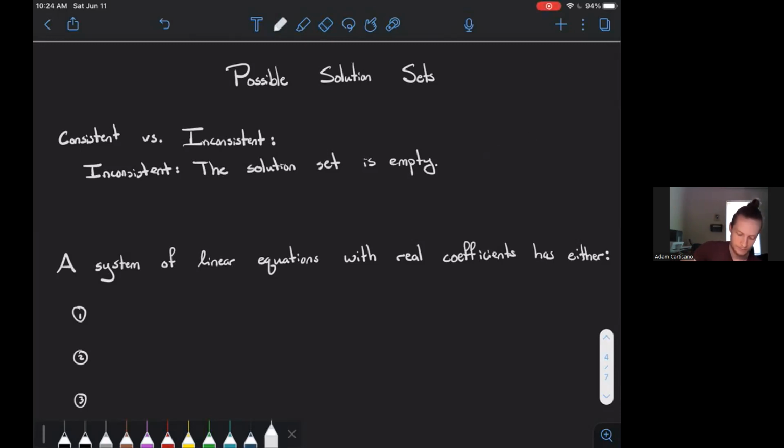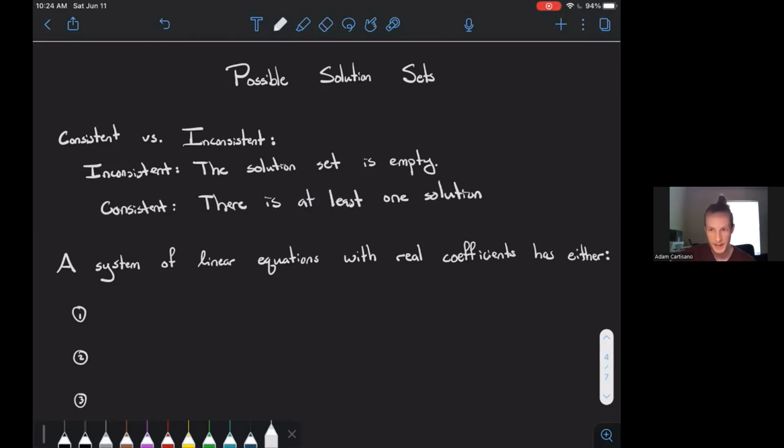Consistent means there is at least one solution to the system of linear equations.